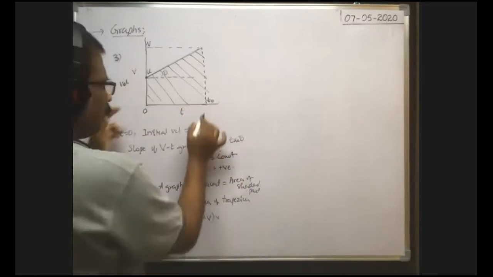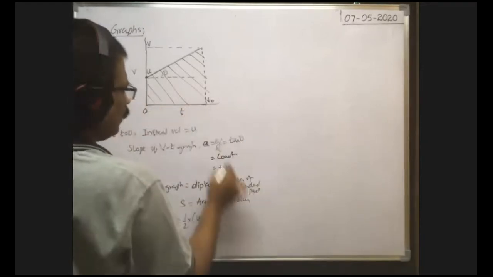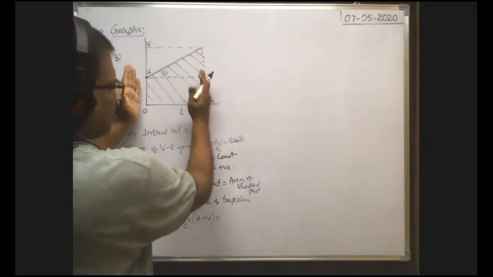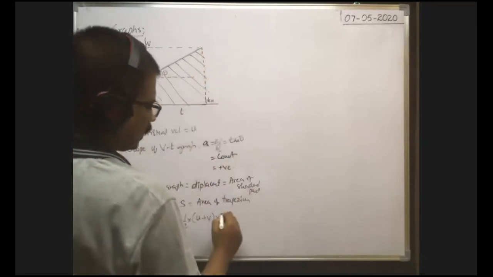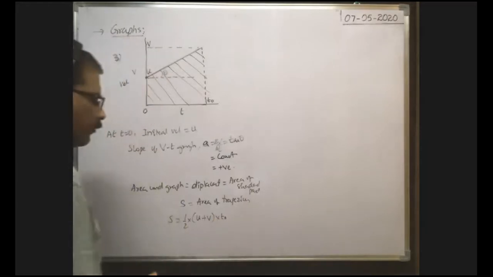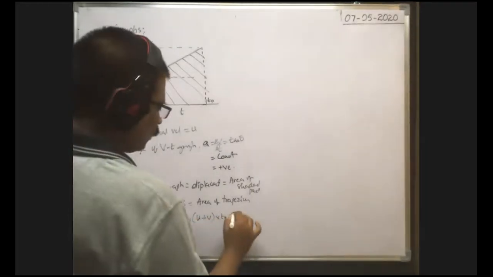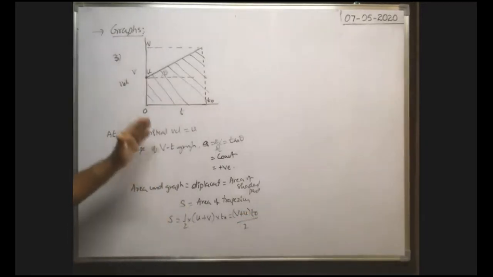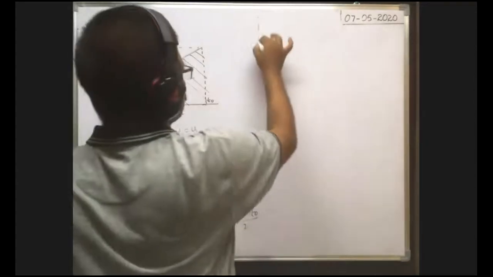Therefore S is equal to (V plus U) into T naught by 2. This is the total displacement of the body.